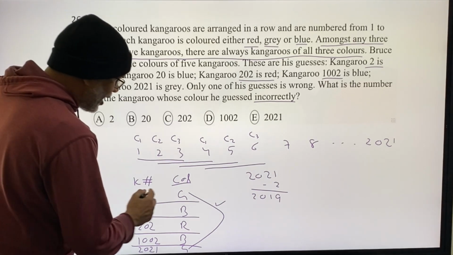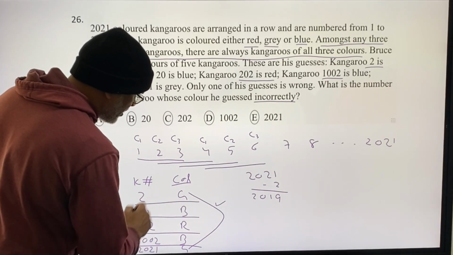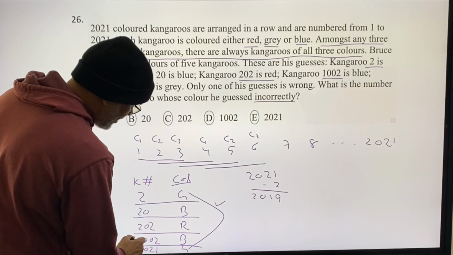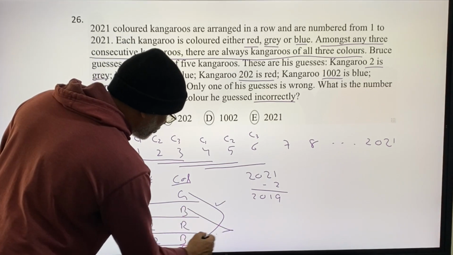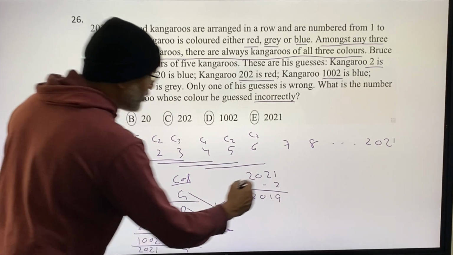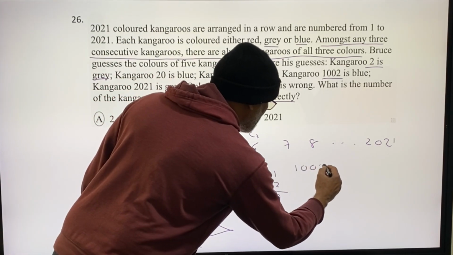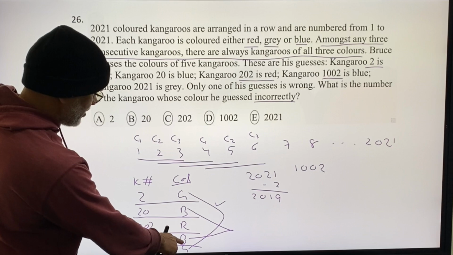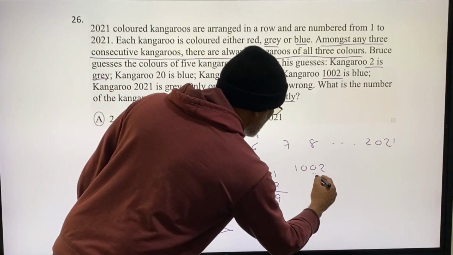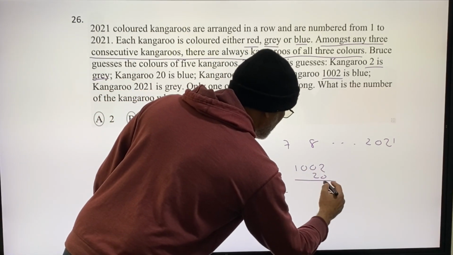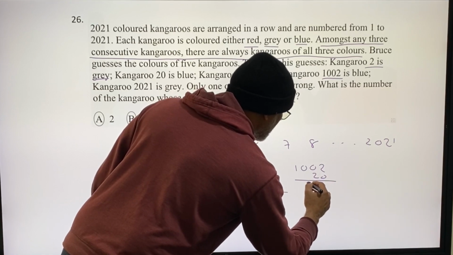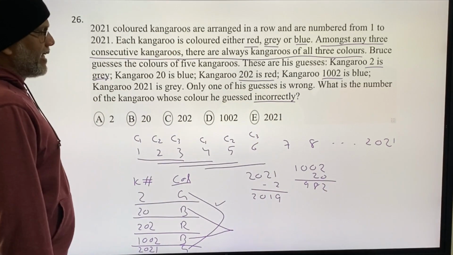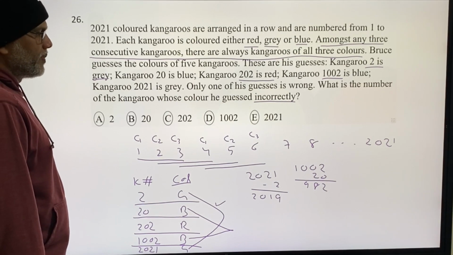Okay. Now if 20 is blue, he also says that 1002 is blue. So let's check these two numbers now. 1002, if I subtract 20, is 982, right?